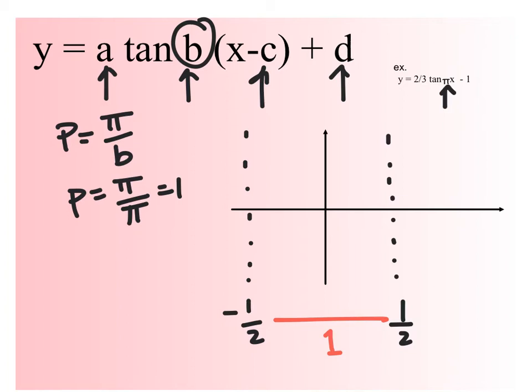Okay, now tangent normally goes through 0, 0. Okay, it normally goes through 0, 0. However, in this case, that is a vertical shift down 1 unit. So I'm going to take that graph and shift it down 1 unit.